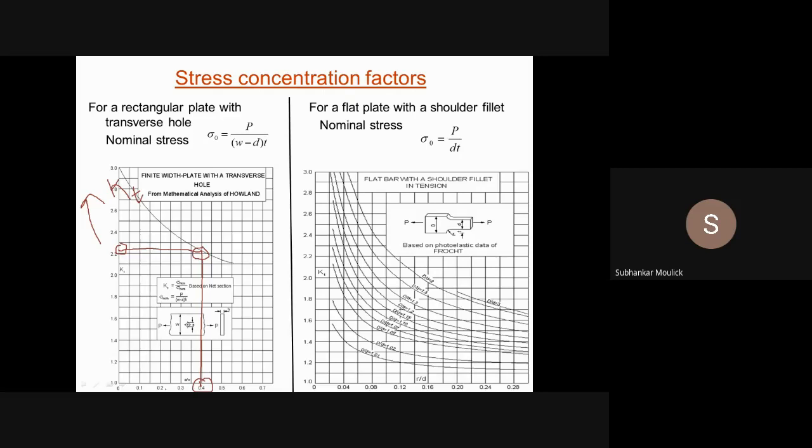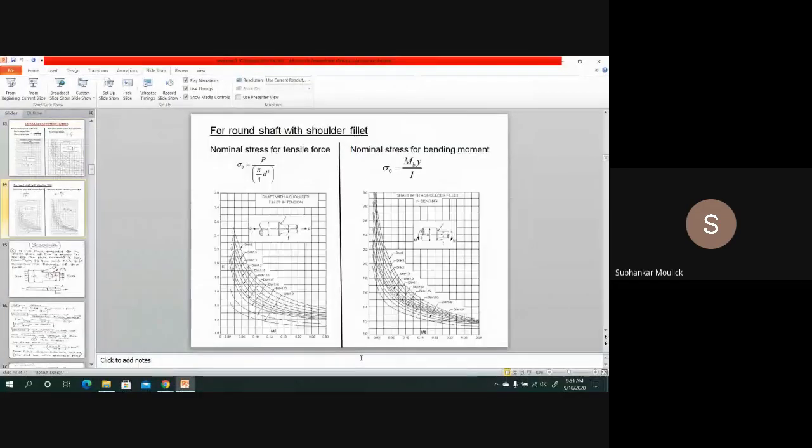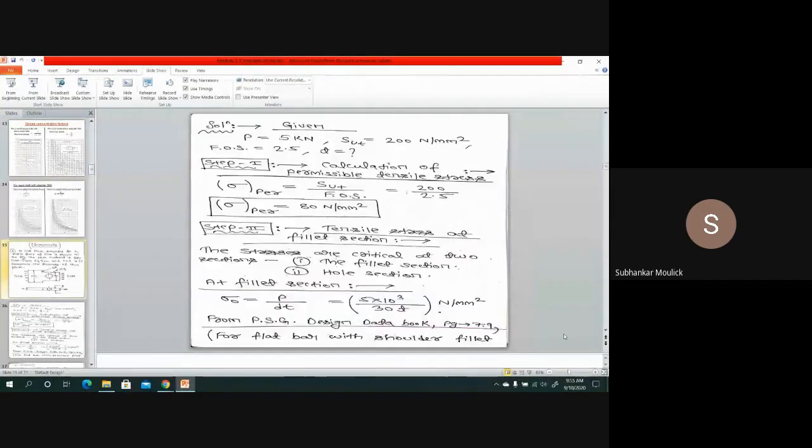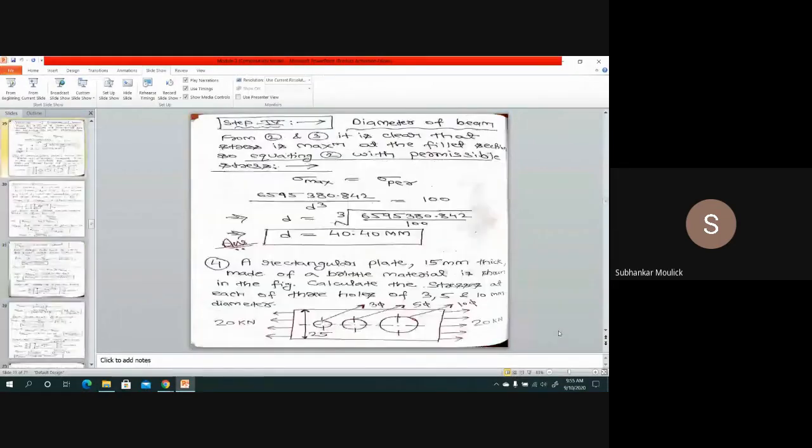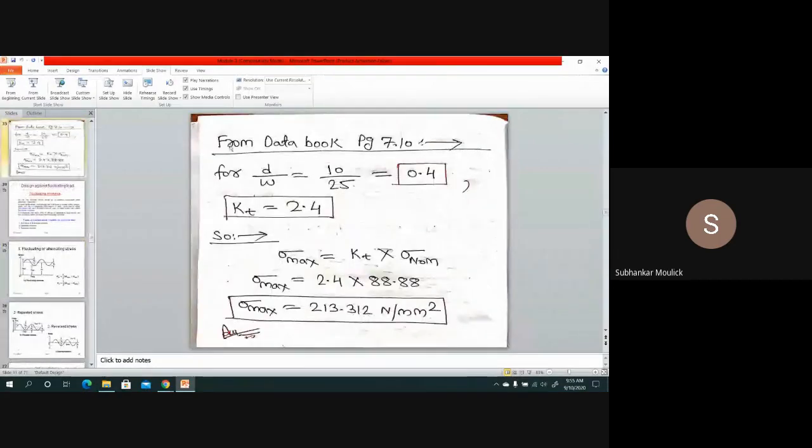Yes, sir. So let us take that value, 2.2 to 2.24. Here we have taken the value of Kt as 2.4. Fine.